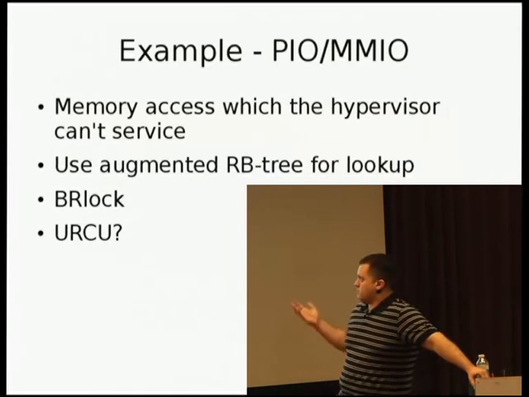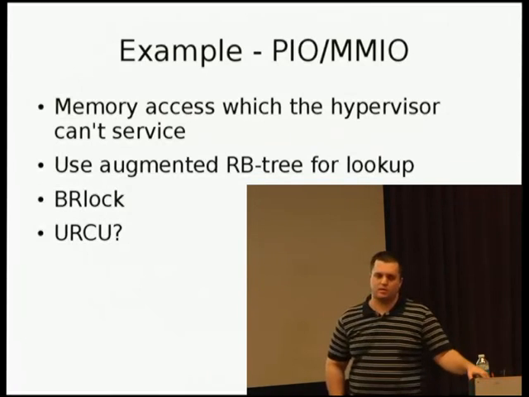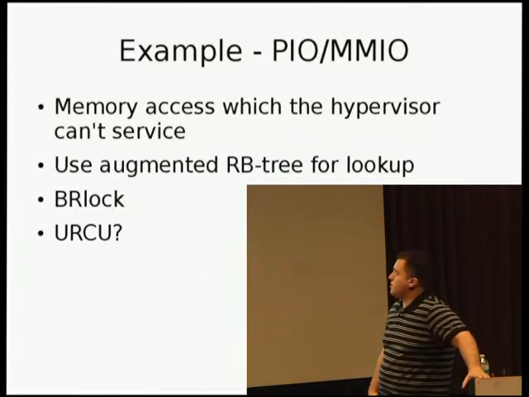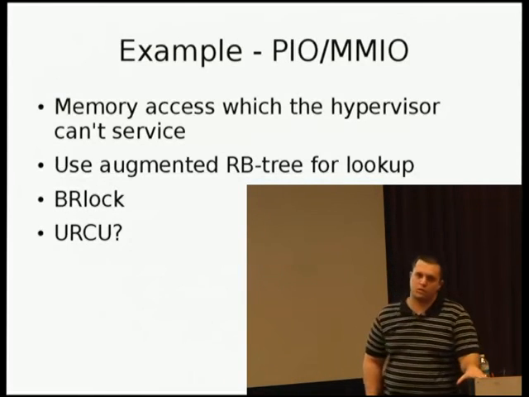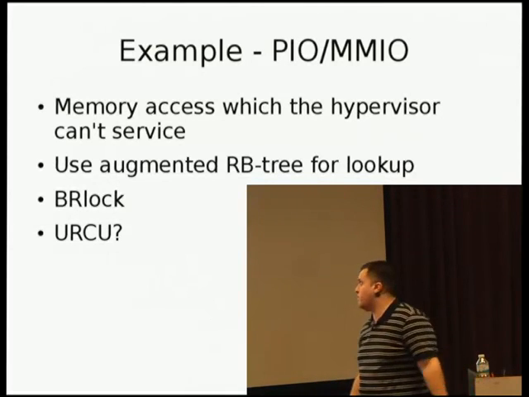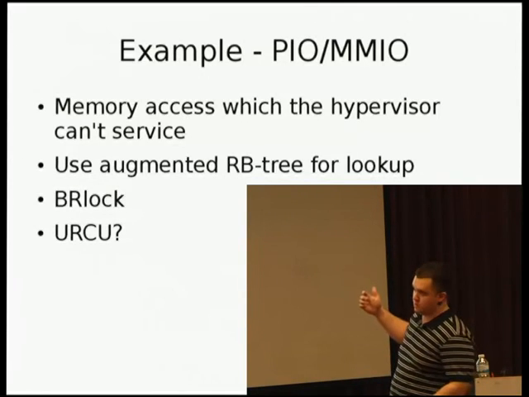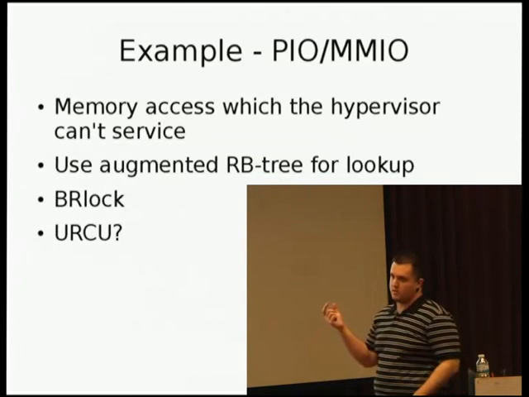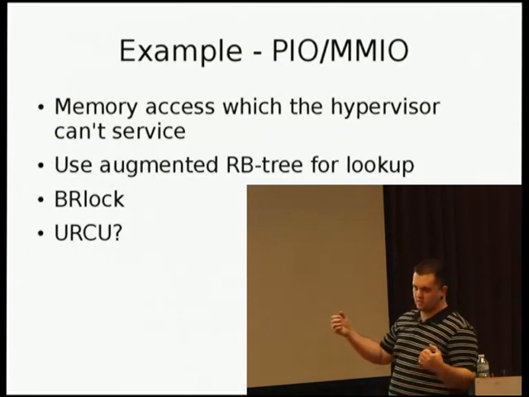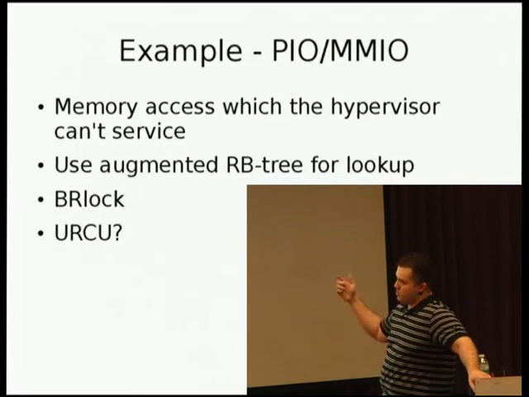That structure is basically a red-black tree which allows you to extend it beyond the simple red-black tree. What we did with it was to turn it into an interval lookup tree, which lets us store intervals inside the tree. This means that whenever a guest exits to us, what we see is an address. So by having this lookup tree, we can quickly find which device owns that address. This lets us do a pretty fast translation from an address to a device.